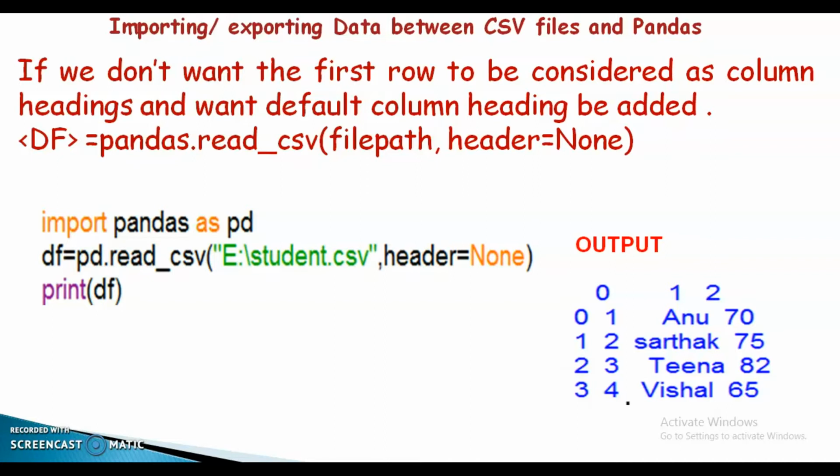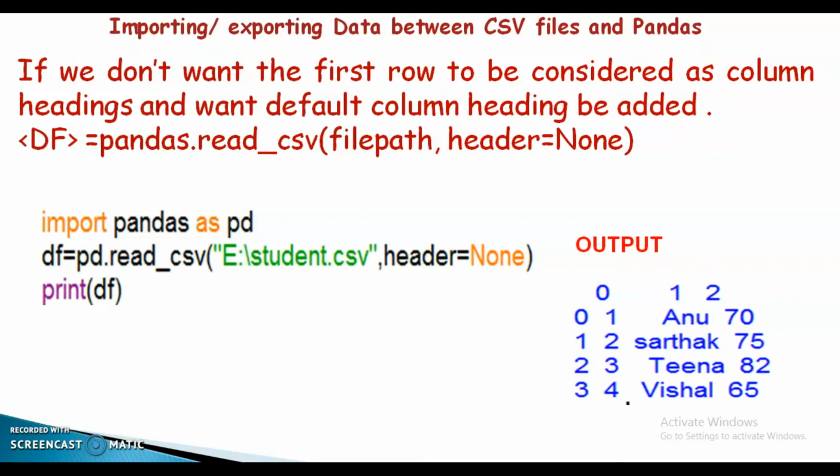The syntax is df is equal to pandas.read_csv, then we specify the file path, comma, header equal to None. That means the first row, which would be considered as column headings, is deleted from this Excel sheet or CSV file.